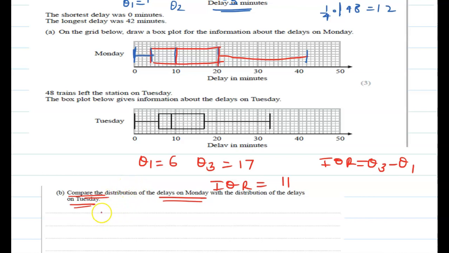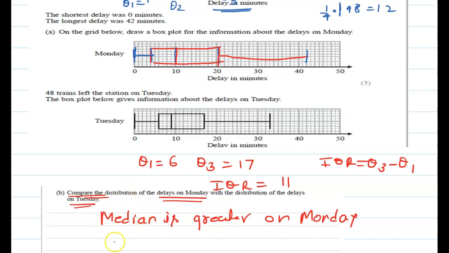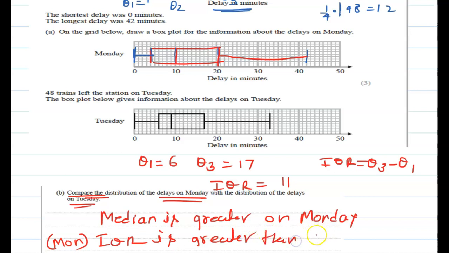We can write down: median is greater on Monday, and Monday IQR is greater than Tuesday. This is what you can mention. Let's go for another question.